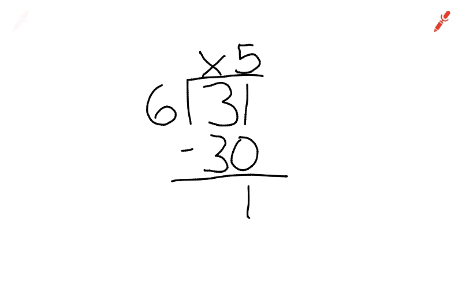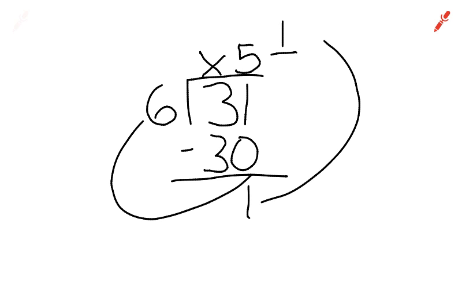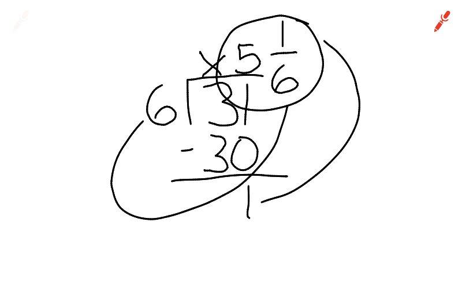That 1 goes where? Where will we put that 1? Hopefully you said the numerator in our fraction, or the top of the fraction. The 1 will go on top, and the 6 will go on bottom, and our answer is 5 1/6.